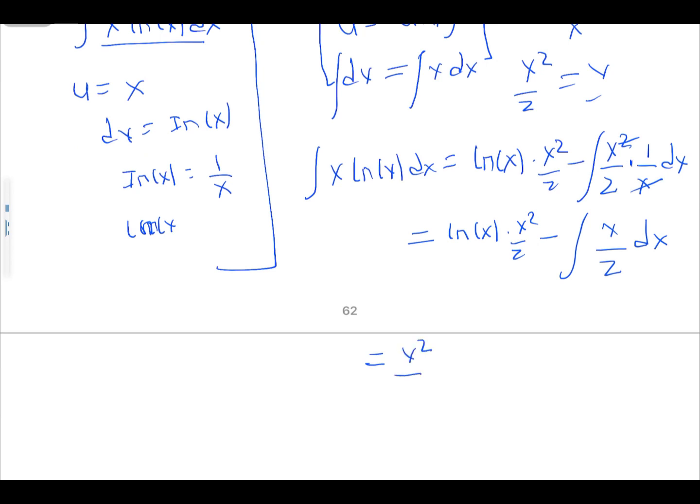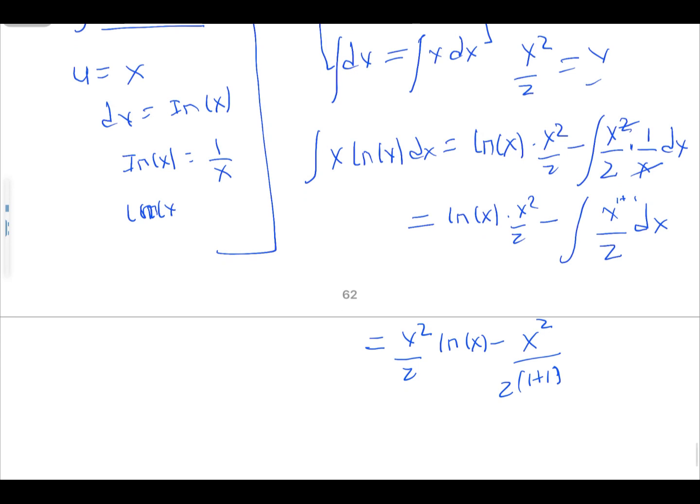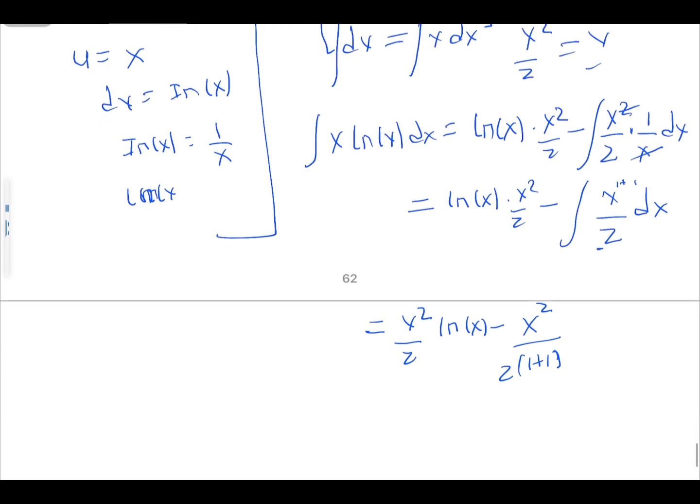So in doing that, you are going to get your final answer to be x squared over 2 ln x minus x squared over 2 into bracket 1 plus 1, which is the power, because we need a 1 plus 1 here, be 2. And then after that you multiply, because remember there is a 2 here.